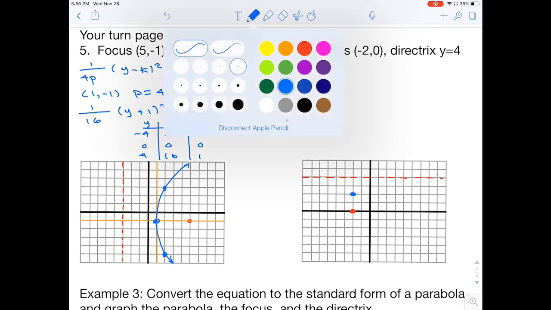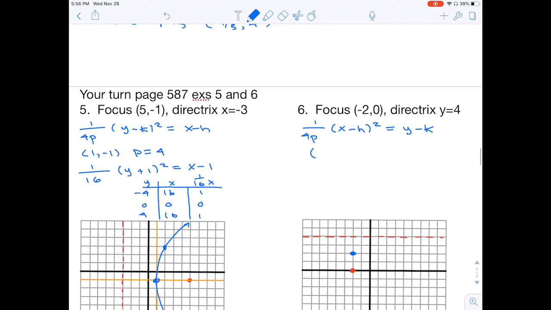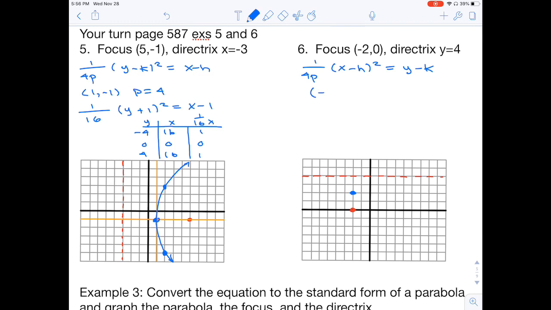So the equation that I am going to be choosing is 1 over 4p, (x minus h) quantity squared equals y minus k. So at this point, I'm going to plug in my values. So my vertex looks like it's located at (-2, 2).